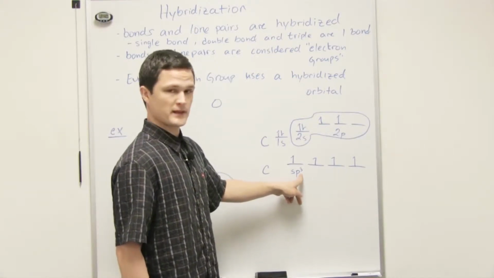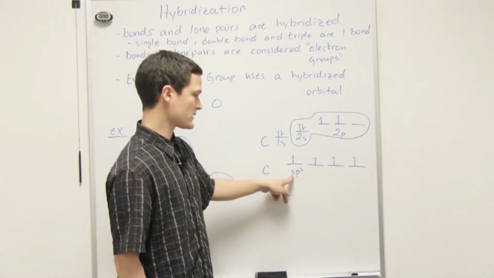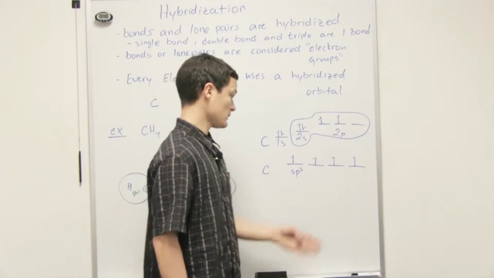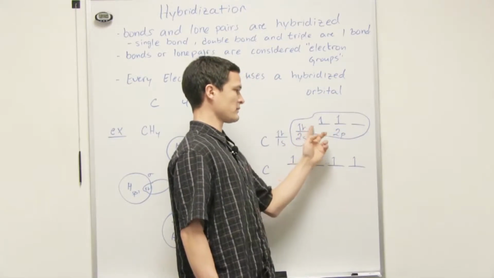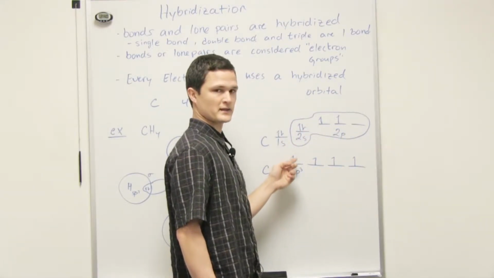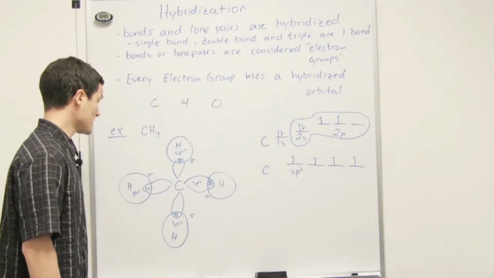So it's mostly p character and a 25% s character. So I drew this circle to represent that we're going to combine all of these to form 4 separate orbitals that can now produce 4 bonds, 4 individual bonds.